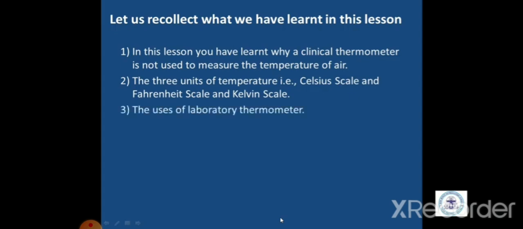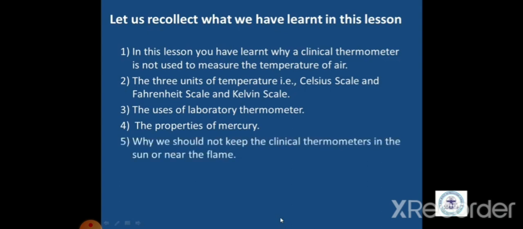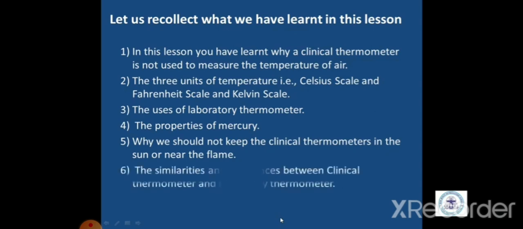The uses of laboratory thermometer. The properties of mercury. Why we should not keep clinical thermometers in the sun or near a flame. The similarities and differences between clinical thermometer and laboratory thermometer.